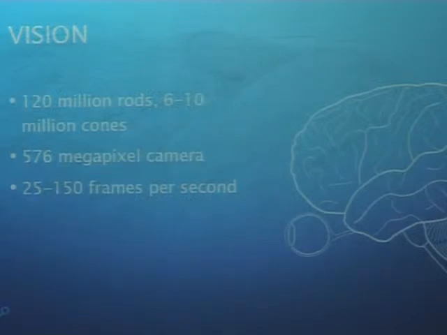I think vision fits the bill because in our eye, one eye, we have 120 million rods which are used for light intensity perception. And we have 6 to 10 million cones which are used for color perception. It's just one eye. Apparently, the image that we can take with our vision corresponds to a 576 megapixel camera.